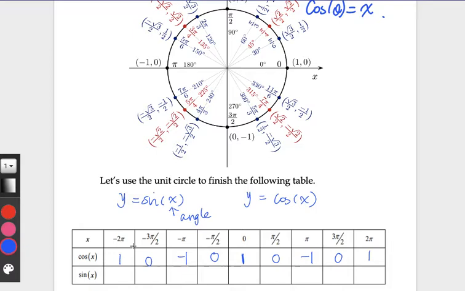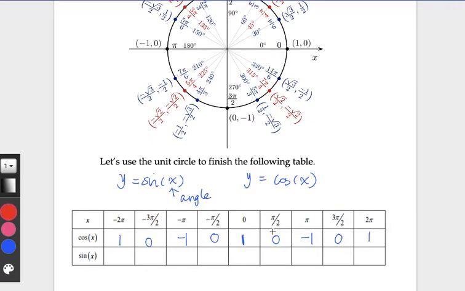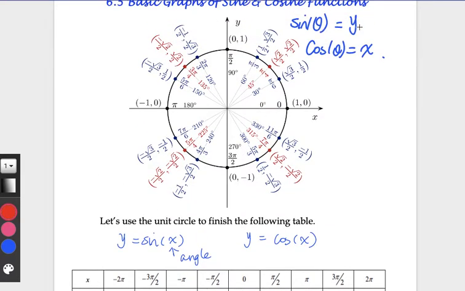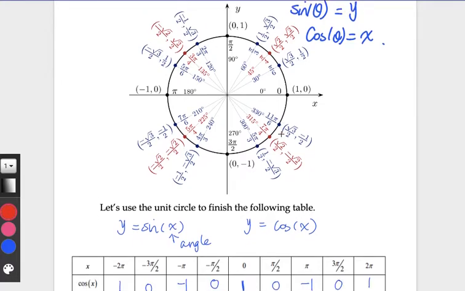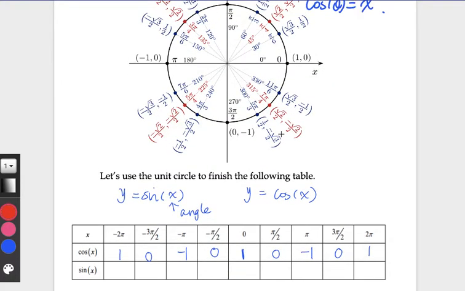Then let's finish the table for sine x, so we can use the table to create the whole graph. For sine theta, do not forget, the definition is the y coordinate, so this time we are only looking at the y coordinate. Starting with 0 degrees, it's going to be 0.